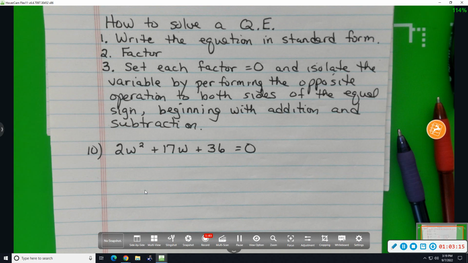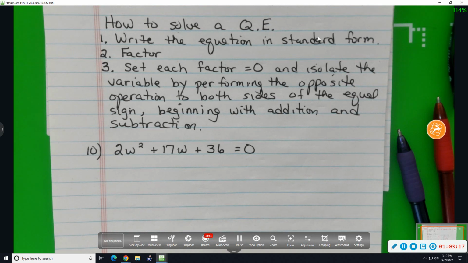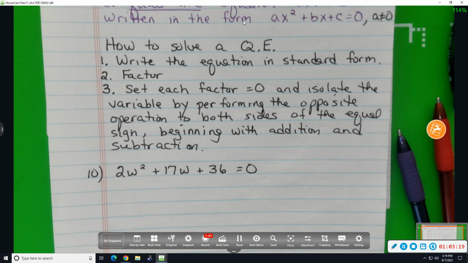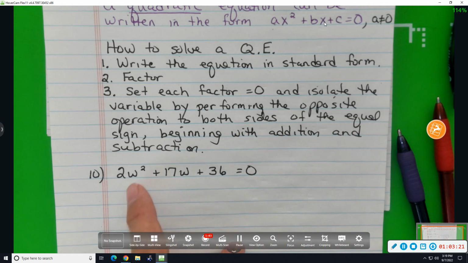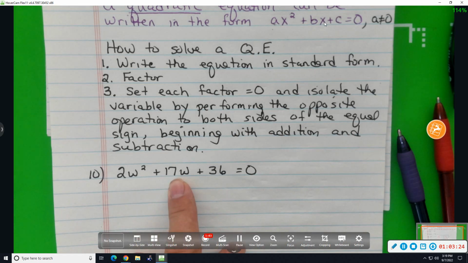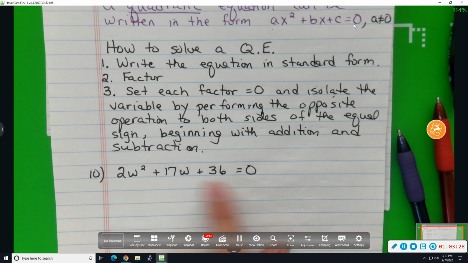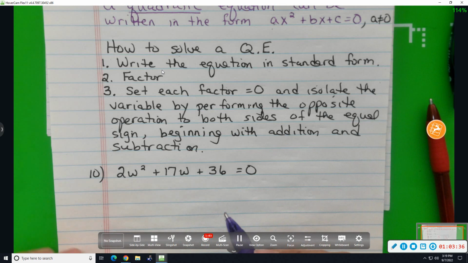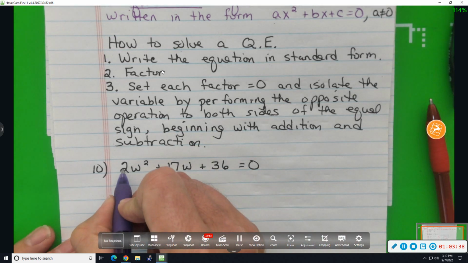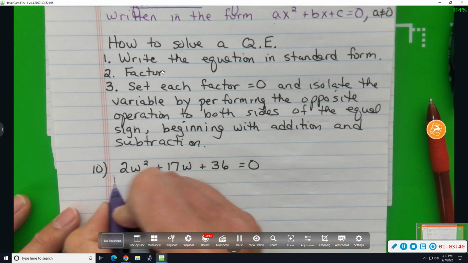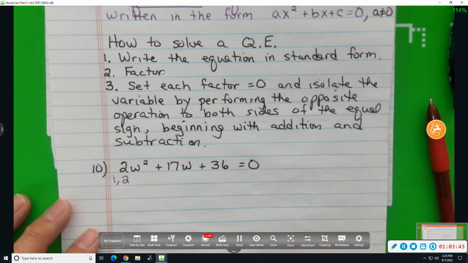So the first step is to write it in standard form. Well, standard form has x squared, x, well, we have w, constant equals 0. This one's already in standard form. So we move straight on to the factoring. Let me see. I'll think to myself, okay, numbers that multiply together to give 2. Well, 1 times 2.